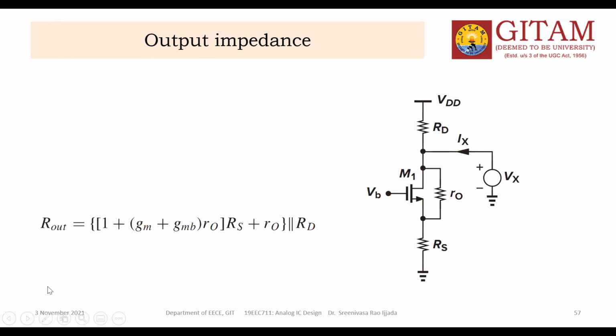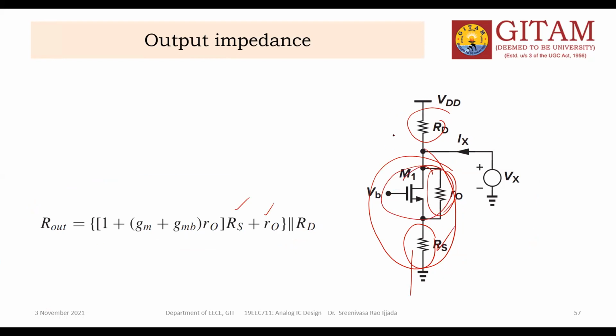This part is parallel first of all, and these are in series because the same current is flowing through RS and R naught. So this is the complete equation.